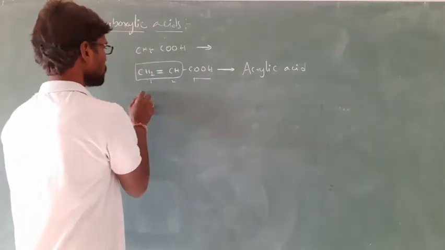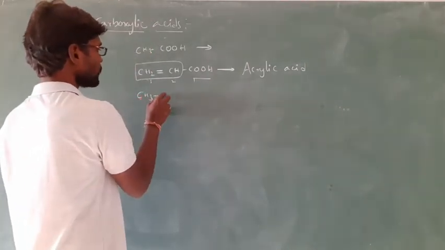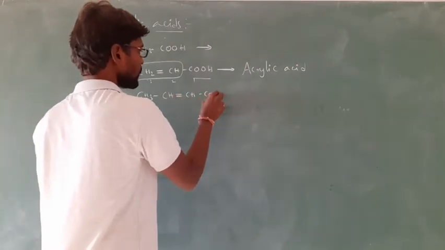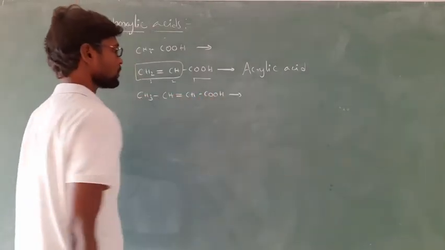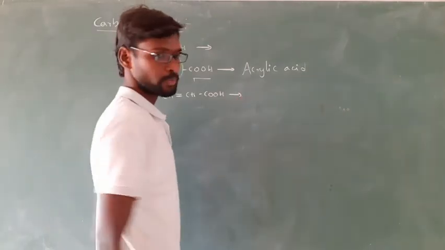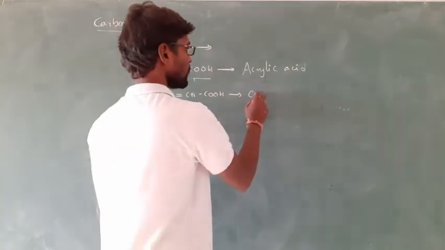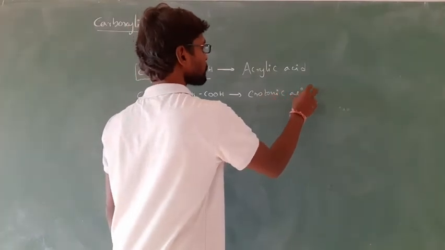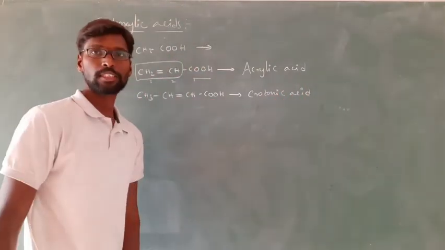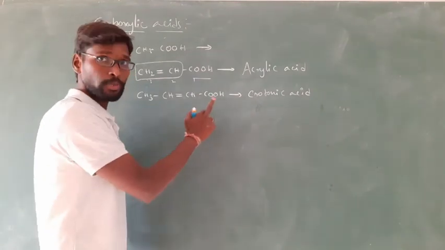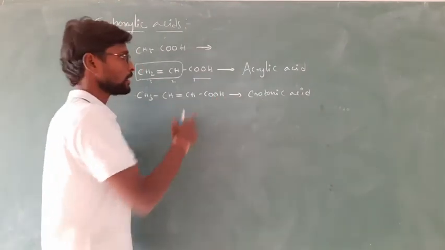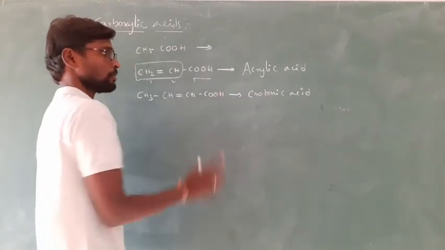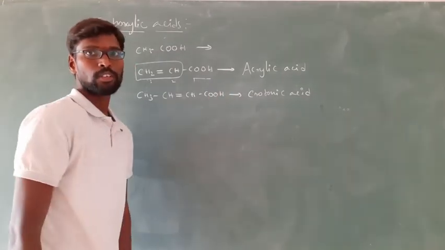Next is CH3, CH double bond CHCOOH. Sorry, this is called crotonic acid. If an aldehyde group is present, you can call it crotonaldehyde, like acrylaldehyde. Since COOH is there, it is called crotonic acid.